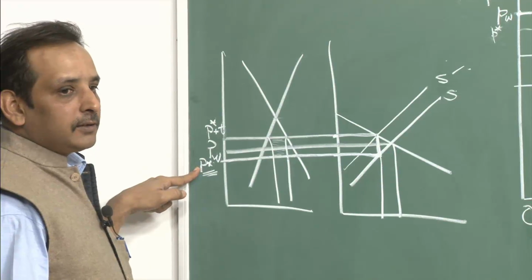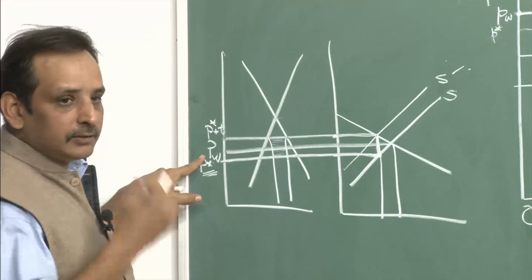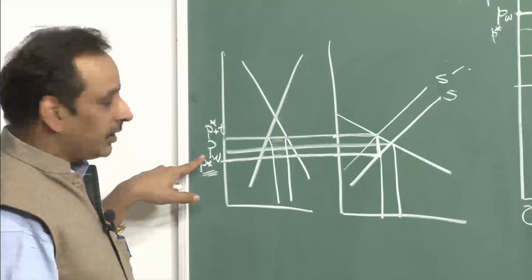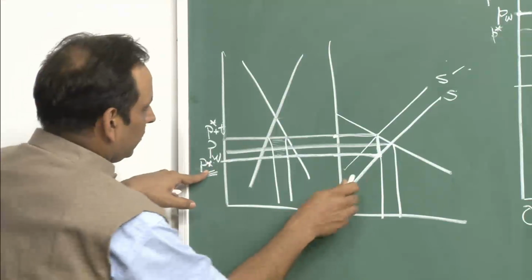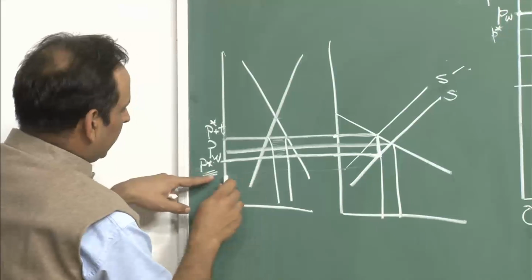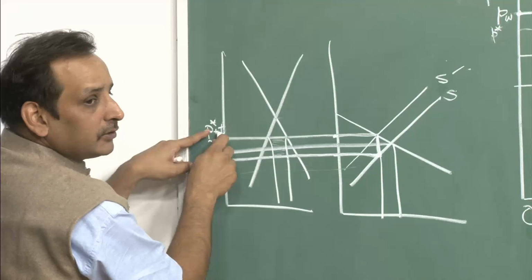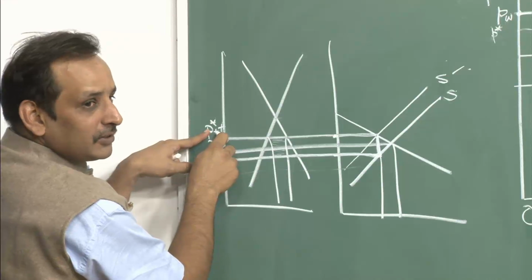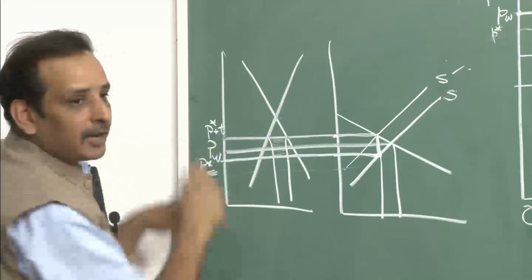Now, if we further analyze this, there is an interesting case where P star goes down to a level such that P star plus T is less than PW.